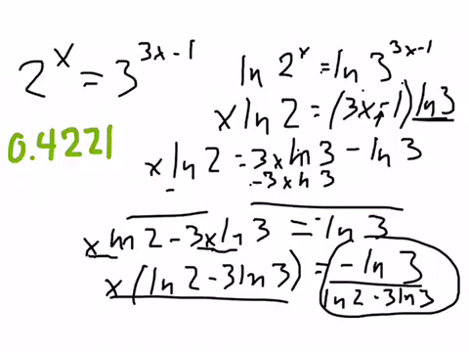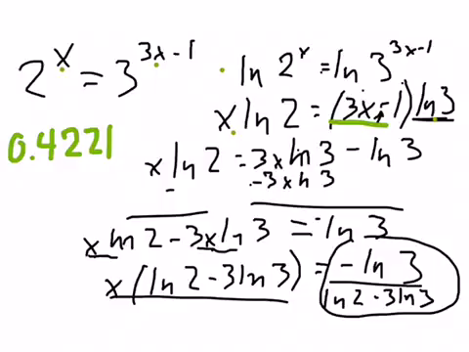So we started this problem up here. We said, well, in order to get those exponents to the front, we're going to need to take the log or the natural log of both sides. That's what allows us, once we have a log, to bring those exponents to the front, as we did here and here. Then we distributed our ln 3 through, and so we had 3x ln 3 minus ln 3.